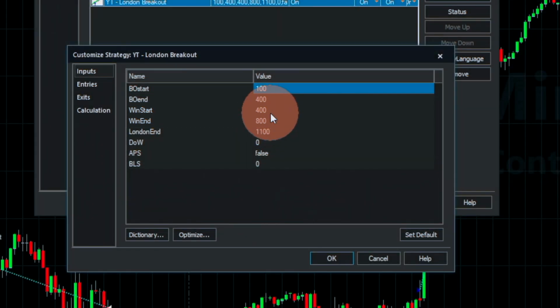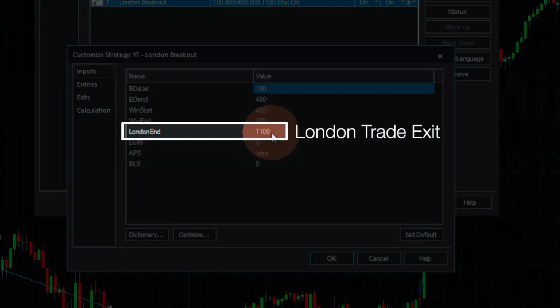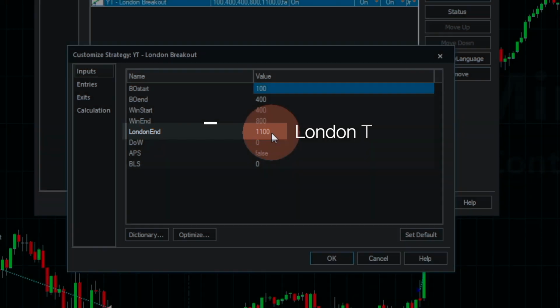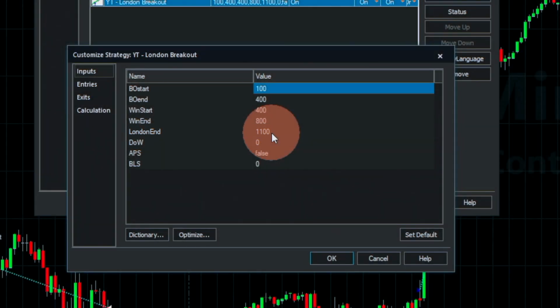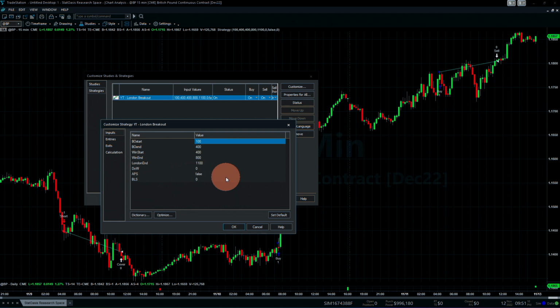Then, if any trade happens, I will exit at 11 a.m. Eastern Standard Time. Of course, these times are based on the strategy trading during the London time. Now, this is fold 0. Let's not worry about these filters. I will get to them once we are into the strategy. So let's test the strategy.